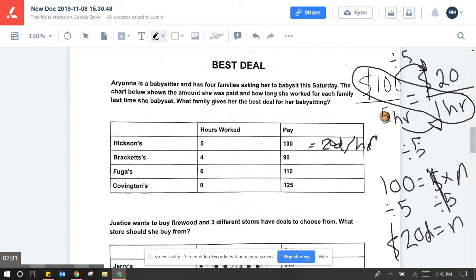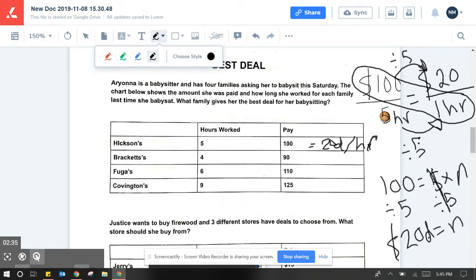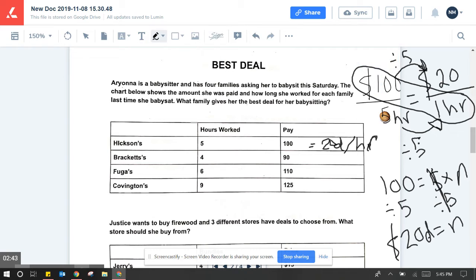That's not ideal. So what I'm going to go ahead and do is we're going to go back and just divide. I'm not going to bother doing this cross multiply because we just saw that we take the dollars divided by the hours and we get our solution. So in this case, I have 90 divided by 4. So I'm going to go ahead and do that.